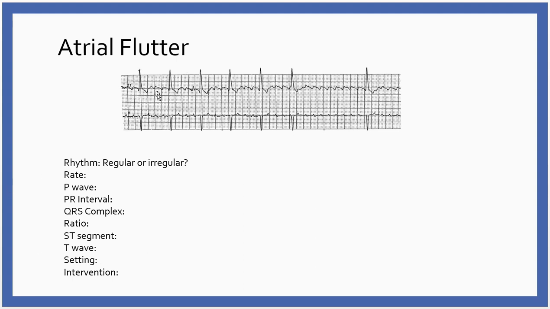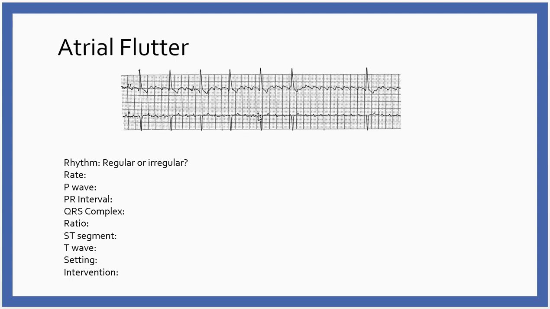T wave. I can't really tell. This is probably the T wave, but the flutter waves don't stop, and so flutter waves are probably obscuring some of my T waves. So I can't say much about the T waves. I might be able to guesstimate a QT interval here, but it's pretty hard to do.